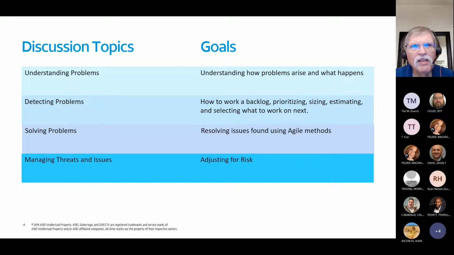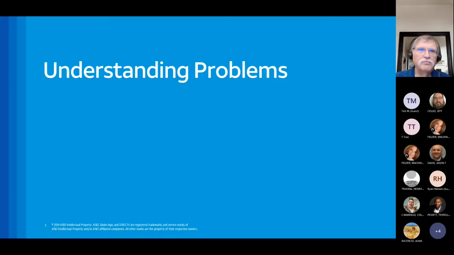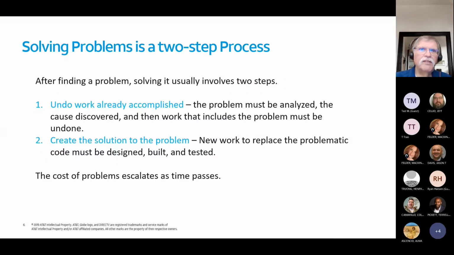All right. Nope. So we're going to talk today about understanding problems, detecting problems, solving problems, and also managing threats and issues. When we are presented with problems, it usually works in two ways.